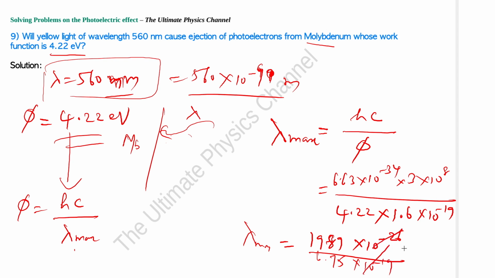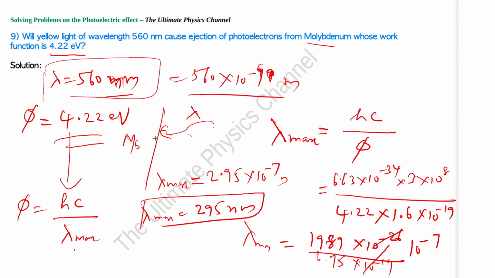So we can say that that is 10 power minus 7 now, and these numbers give lambda max as 2.95 into 10 power minus 7 meters, or I can write lambda max as 295 nanometers.